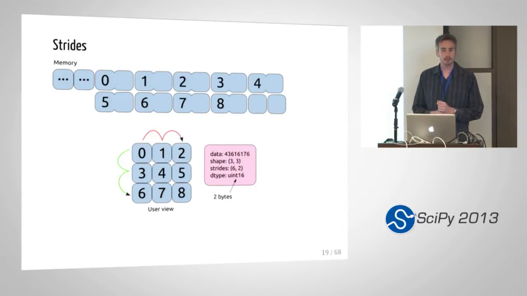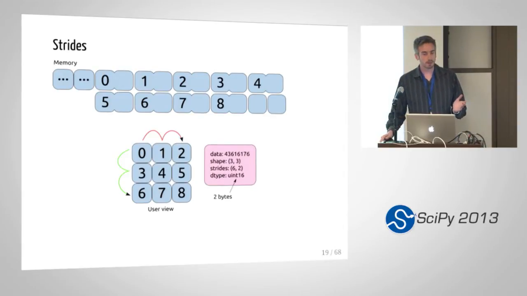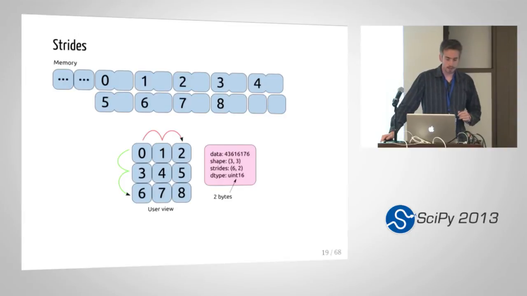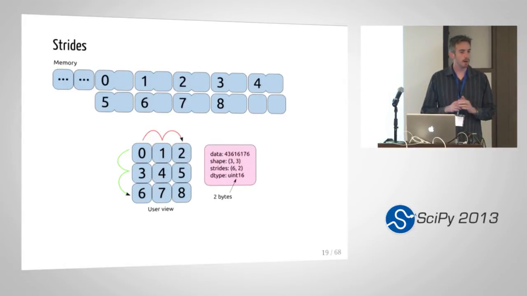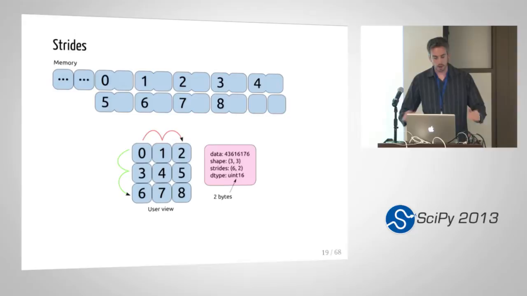Moving on to strides. Each array refers to a number of bytes in memory, and those bytes are simply stored linearly, one following the other. Depending on your data type, a single element in the array may occupy more than 1 byte in memory.